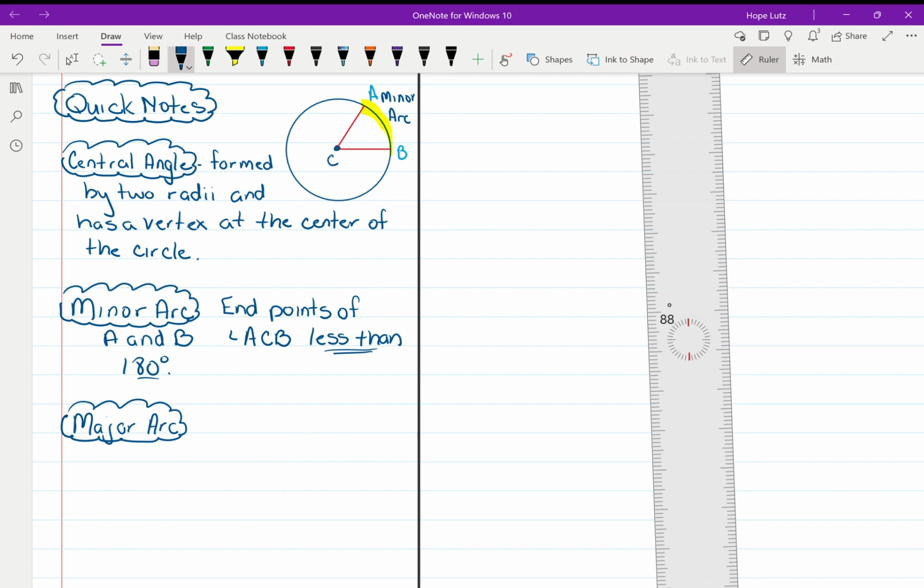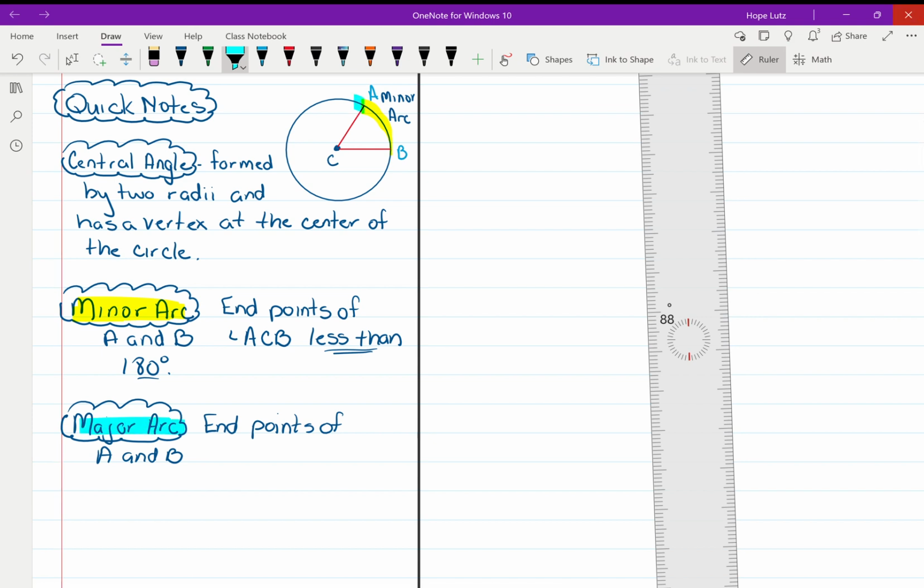So we're also going to say endpoints of A and B, but I'm going to mark this one as yellow, and we're going to do this one light blue.